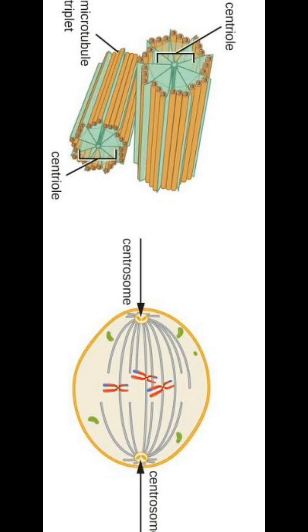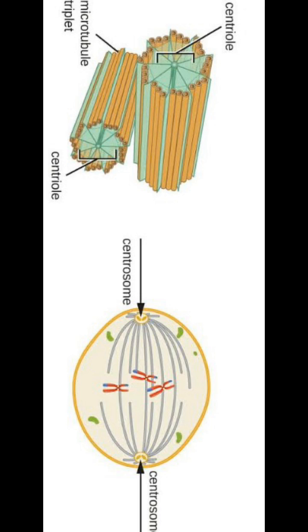You can see in this diagram very clearly, every hub region has spokes that are connected with the 9 peripheral triplets. Those spokes are also made of proteins. The central hub is proteinaceous, the peripheral 9 triplets are made of proteins, and the spokes are also made of proteins.